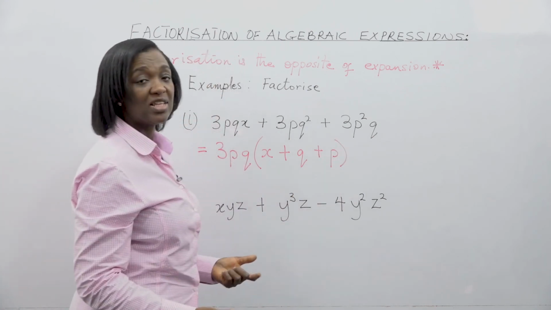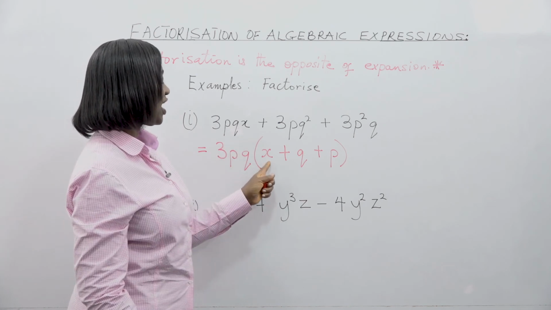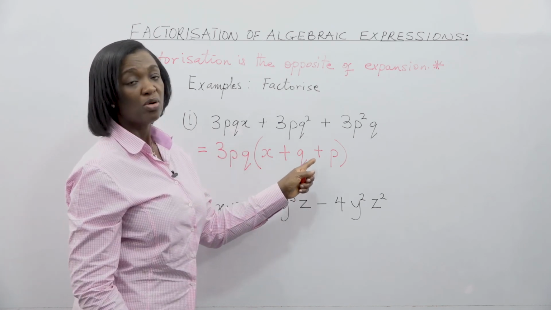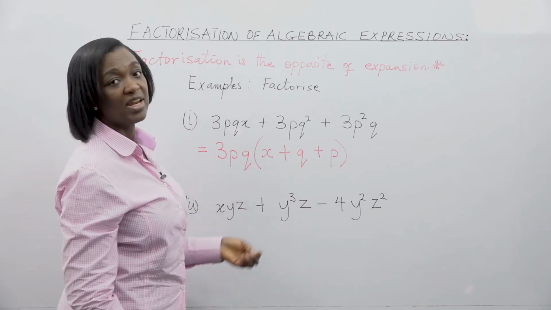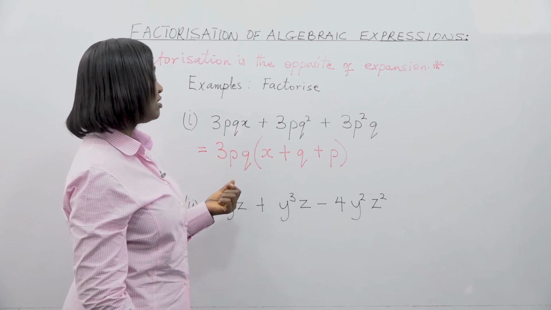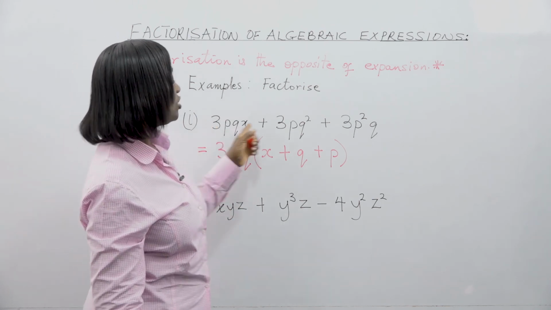So that our answer becomes 3pq into bracket x plus q plus p bracket close. And again, you can try that out, expand it, and you see that you would get the original expression.